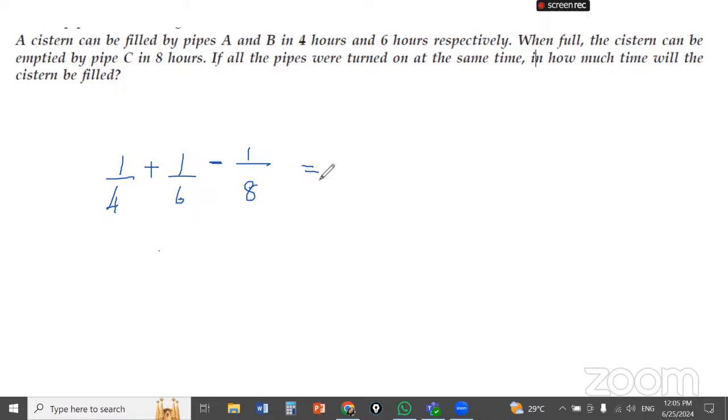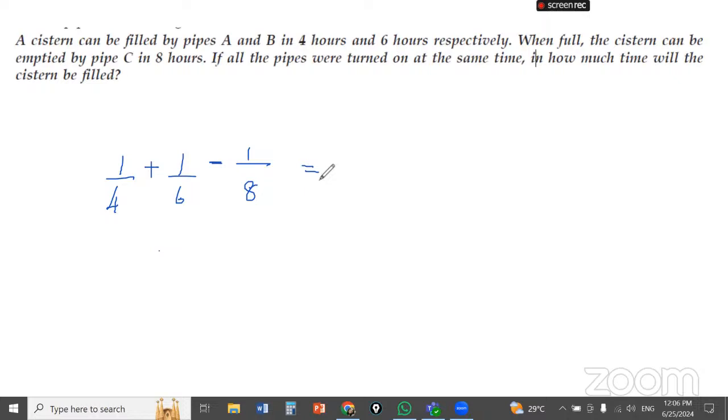Yes, Arjun, now you're right. Can you just put it in mixed fraction? Yes, Arjun, you're right.